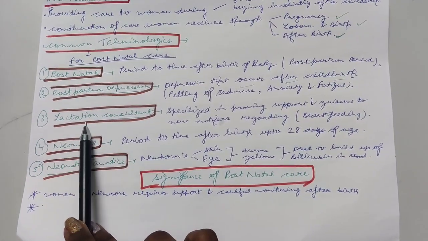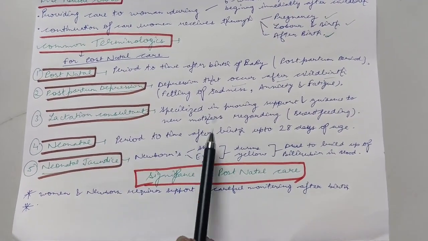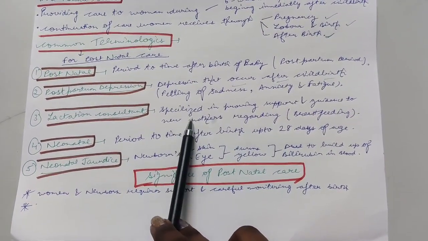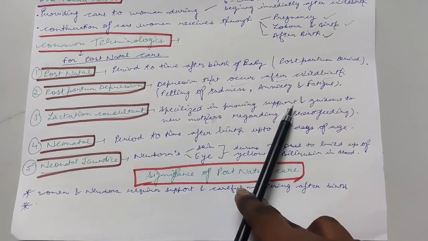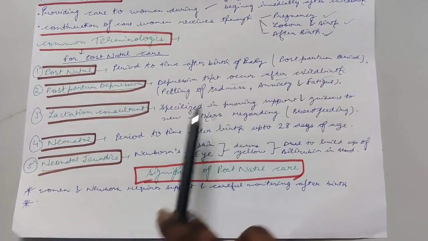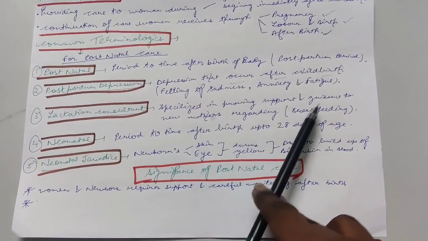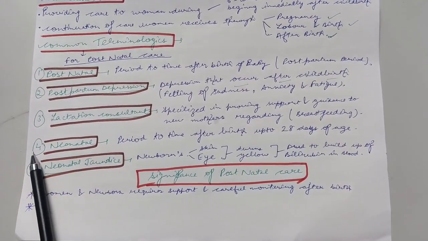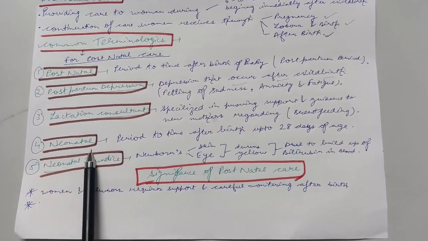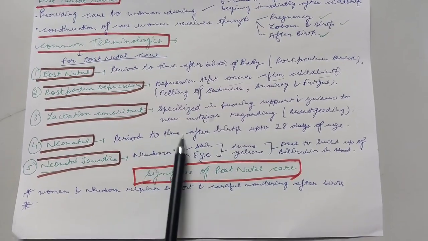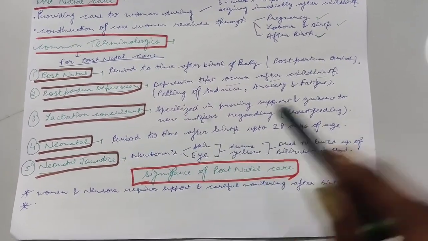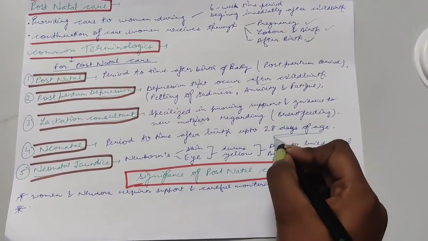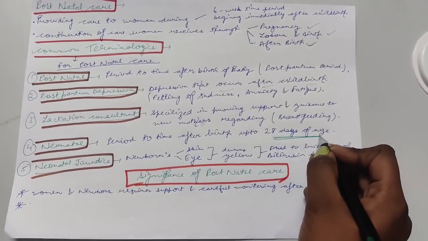Third is lactation consultant. It is a person specialized in providing support and guidance to new mothers regarding breastfeeding, how to feed the baby. Fourth, neonatal. It is the period of time after birth up to 28 days of age.